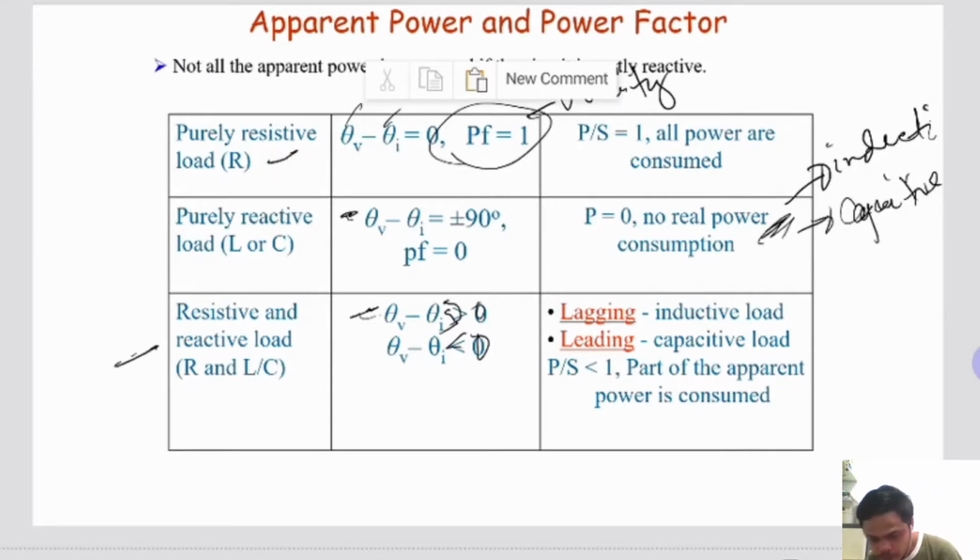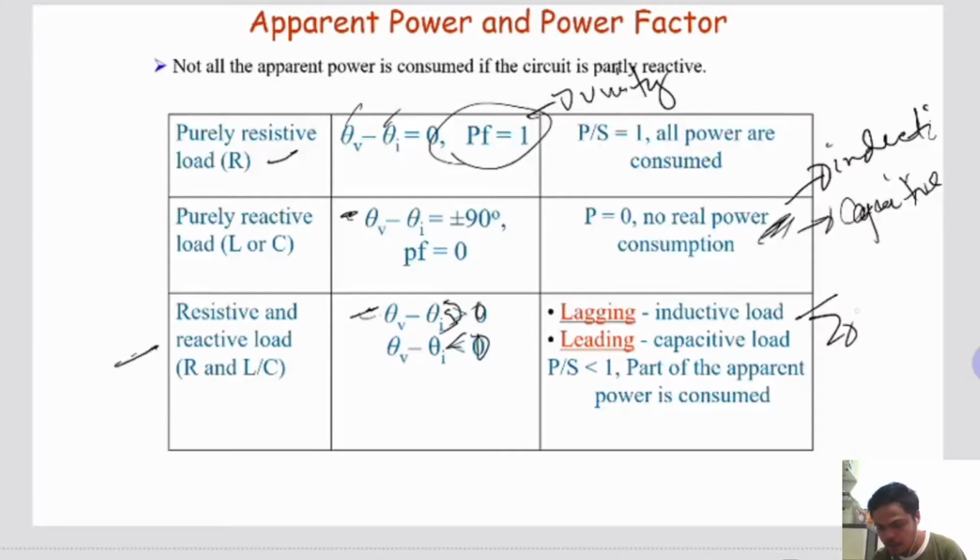When the difference between the angle of voltage and current is greater than 0, it is said to be an inductive load, or what we call the lagging power factor. It means that our system is inductive and current I lags voltage, or the voltage leads current.